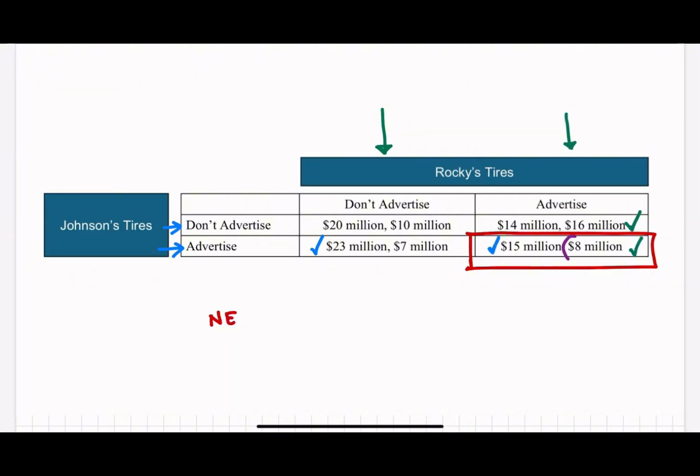Rocky's making $8 million, but if they decide to not advertise, then they'd actually lose money. So a Nash equilibrium is defined as there's no incentive for either firm to deviate. And we would write that Nash equilibrium in terms of strategies as advertise and advertise, meaning that given this strategy and this payout, both firms would decide to advertise.